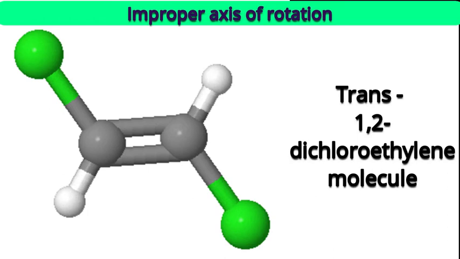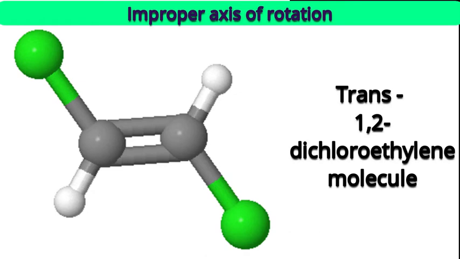No. Therefore, as was the case for S1, which gives the operation of reflection, we do not consider it because reflection is our priority, plane is our priority. Likewise, S2 is equivalent to inversion, but inversion, center of symmetry, is our priority. Therefore, we will not consider S2 also.